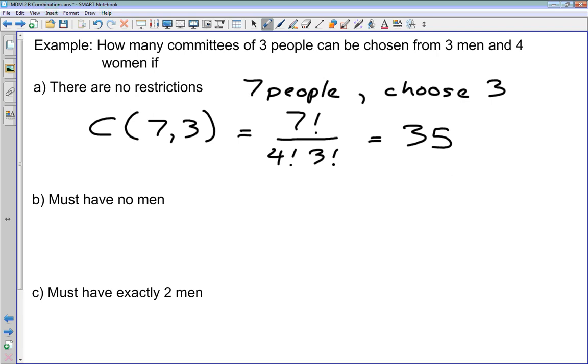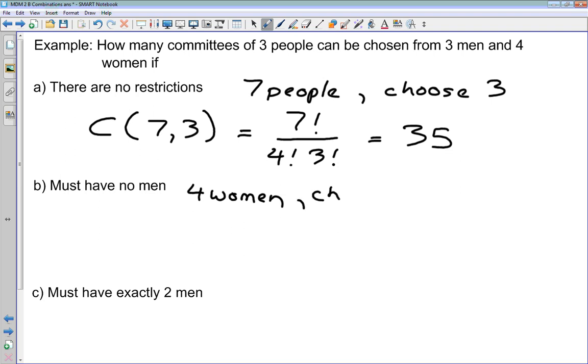Now the question becomes a bit trickier when we put restrictions on how we want to select our individuals or how we want to choose them. So if we want the committee to have no men on it, we only want to choose women. So now we really only have 4 people that we can choose from because we only have 4 women in our pool. How many of them do we want to choose?